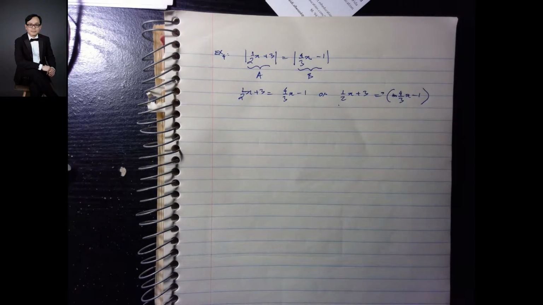But let me see if I can make up something with two absolute bars that requires you to bring it back to the second form, absolute of A equal to absolute of B. Let's see, I can make something up. Well, it looks like for two pairs of absolute bars, we cannot have anything more complicated than that.